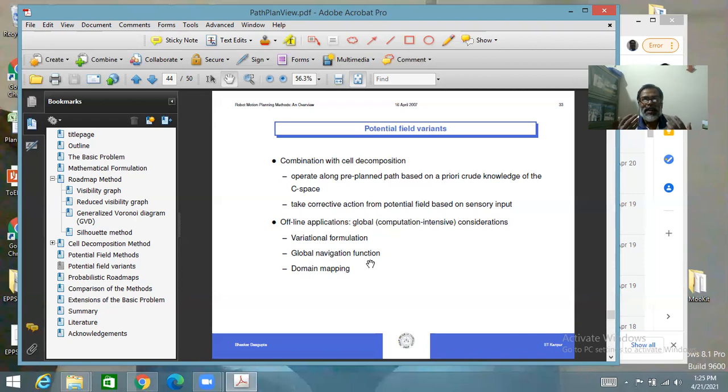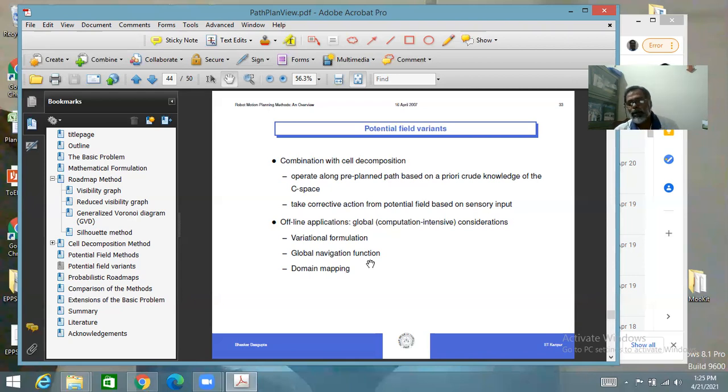So we did not design the repulsive and attractive potential functional forms a priori, but we said that the functional form will emerge as the solution of that boundary value problem, the solution of that Laplace equation.